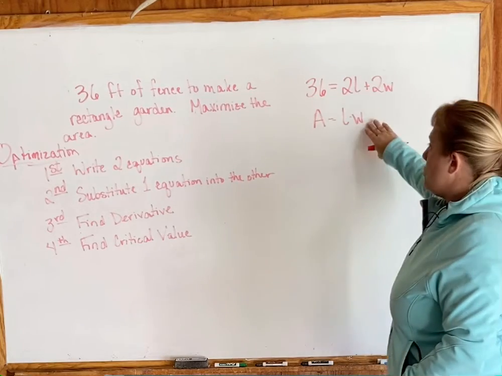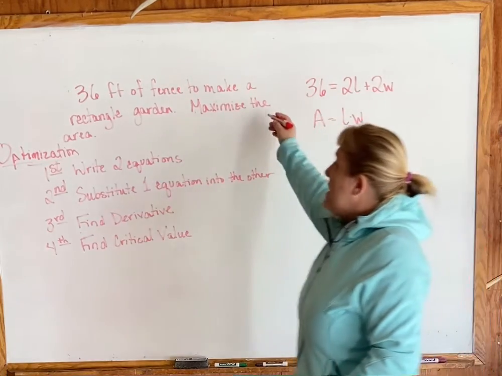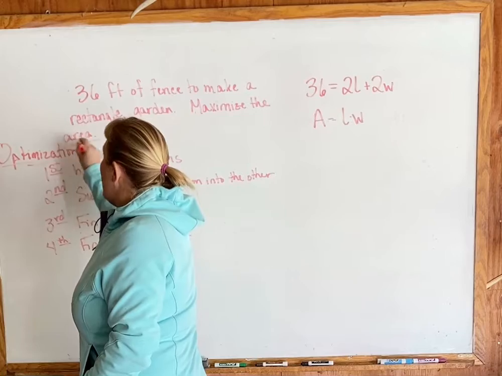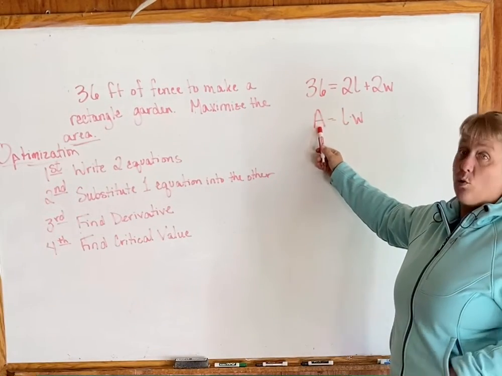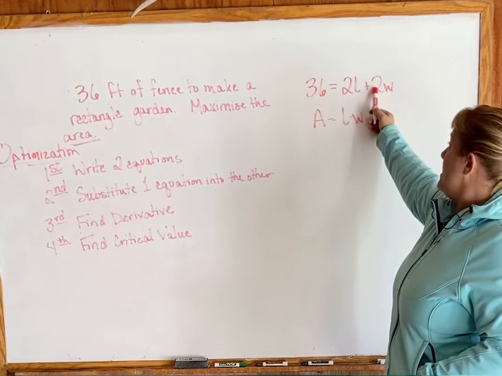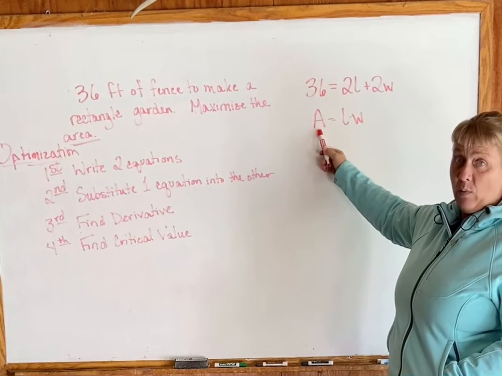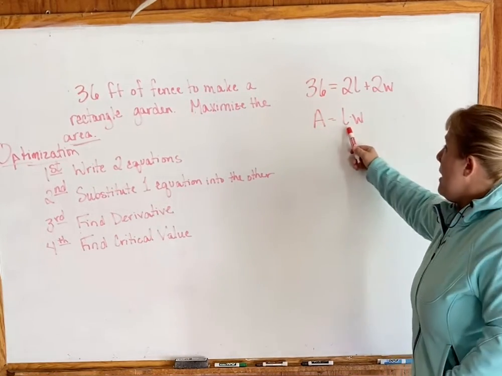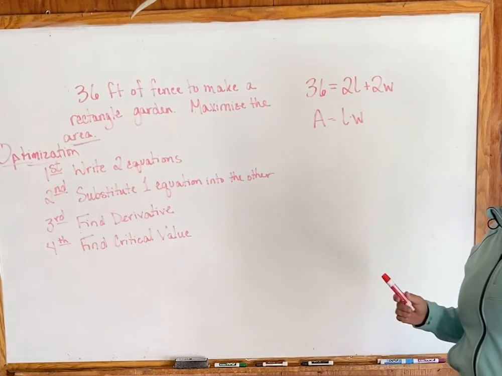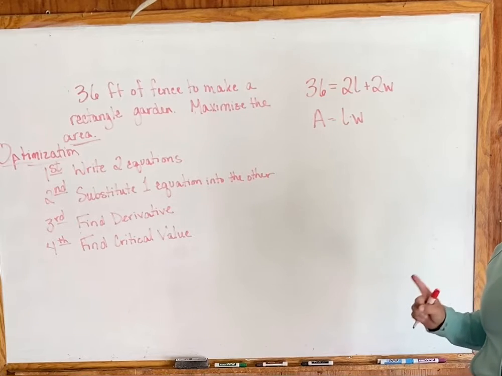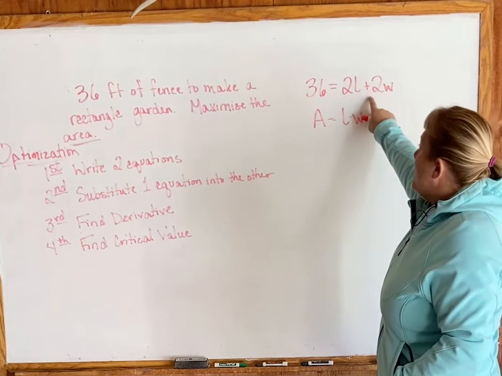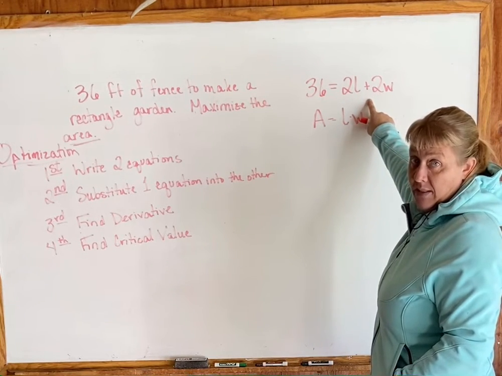So there are two equations. Now this says that we want to maximize the area, which means this is the function that we are really interested in. We're going to use this one, but this is the guy we really want. The problem is that it has both an L and a W in it. We don't want two variables. We just want one variable, and that's where this substitution is going to come into play.